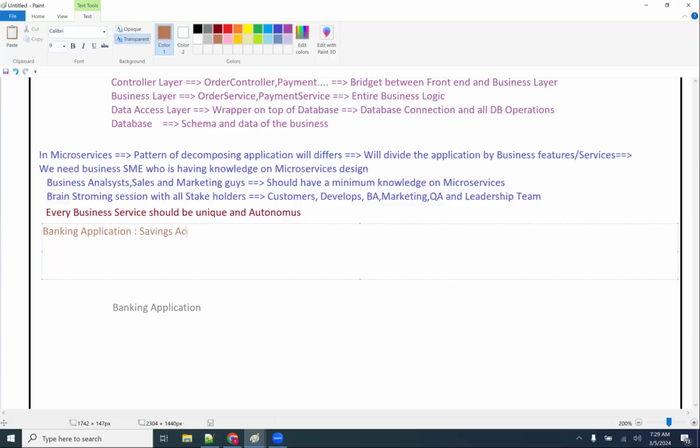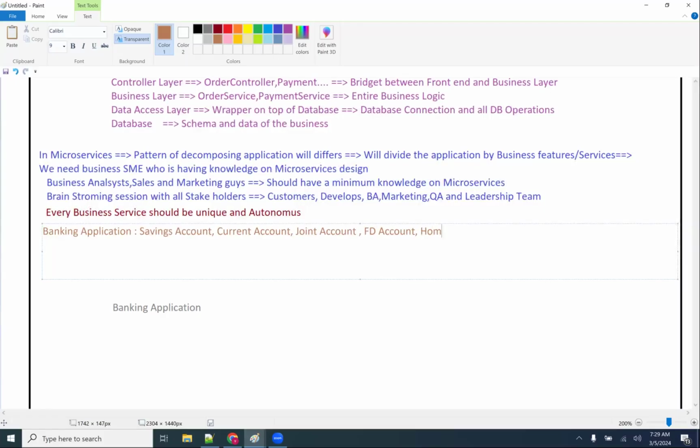Savings account, right? We will list down all the features, everything banking provides as services. Savings account, current account, joint account, FD account.